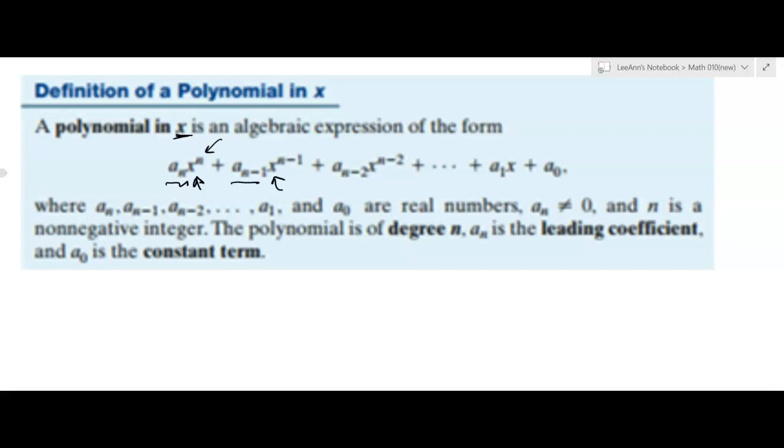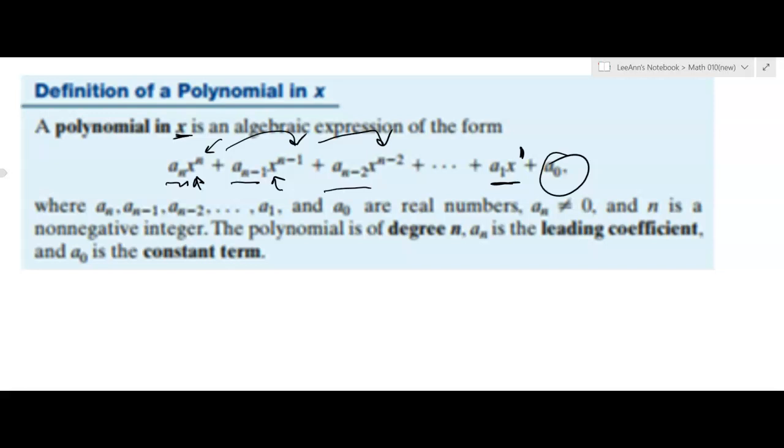Now, if there isn't a term, you could put a 0 in. And then you just keep going down the line. You keep decreasing the exponent until you get to an exponent of 0 on the x, and that would just be the constant. Notice that the exponent here is 1, but we don't write it.